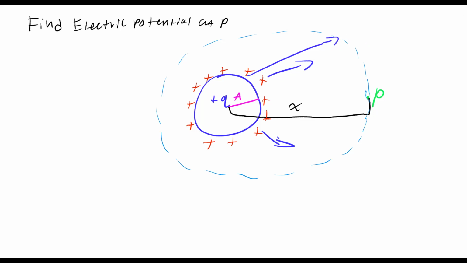So here's how you do it. We have that E times the area of the Gaussian sphere is equal to the charge that's enclosed divided by epsilon sub naught.